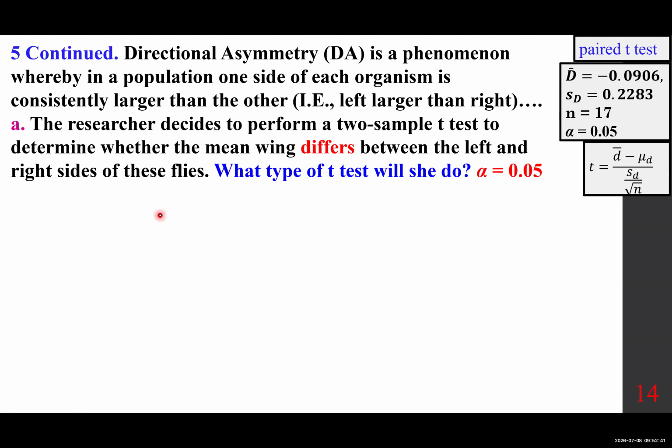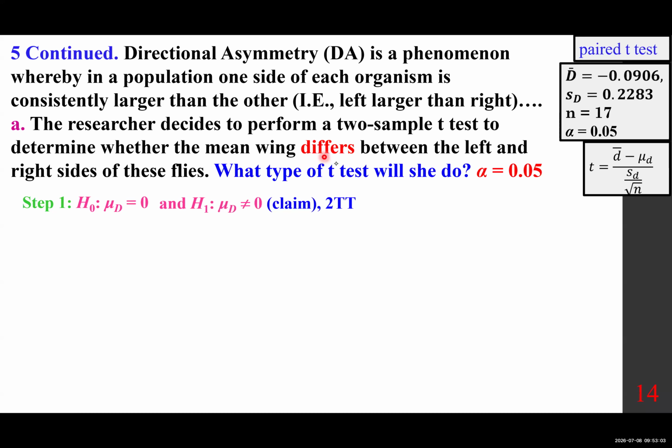All right, we're going to continue now working on that. And so with that explanation, we are ready to do so. H0: mu sub D equals 0, and H1: mu sub D is not equal to 0. That is the claim, and it's a two-tailed test because the question is whether there is a difference between the two sides, left and right, okay?